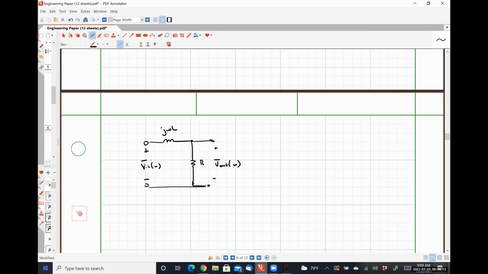At very low frequencies, the inductor is a short. At very high frequencies, it is an open circuit, right? So at low frequencies, the inductor looks like a short, and so our input voltage is just in parallel with the resistor over which we're taking our output. So at low frequencies, we pass signals, and at high frequencies, it opens up and none of the signal gets passed through. So this is a low pass filter.